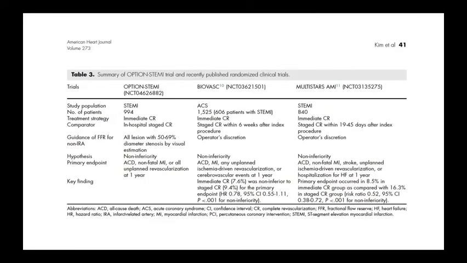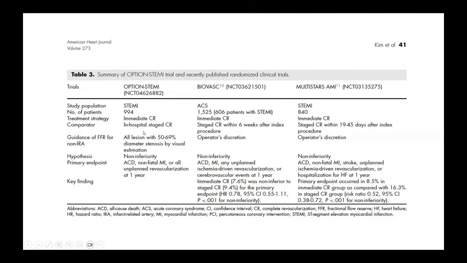This is a comparison between the OPTION-STEMI, the BioVasc, and the Multistars. OPTION-STEMI included STEMI patients, BioVasc included STEMI and non-STEMI. Only 600 patients of the 1,500 were STEMI. And Multistars included STEMI patients. The treatment strategy was immediate complete revascularization versus staged.